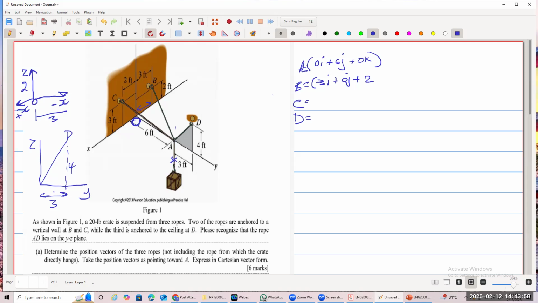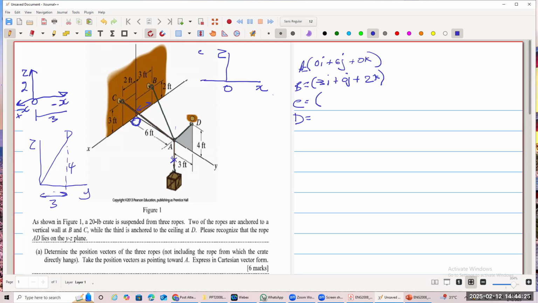All right, next one now. So this is 2k. C now. Somebody tell me the value for C. So C is this, it is Z and it is X. This is positive 2i. In relation to the origin, C is right here.